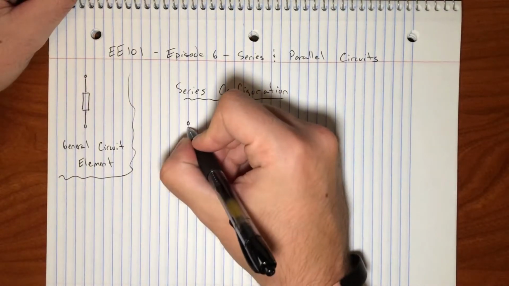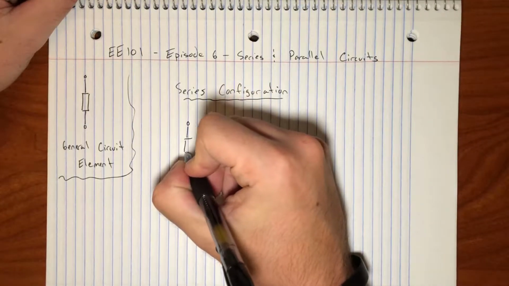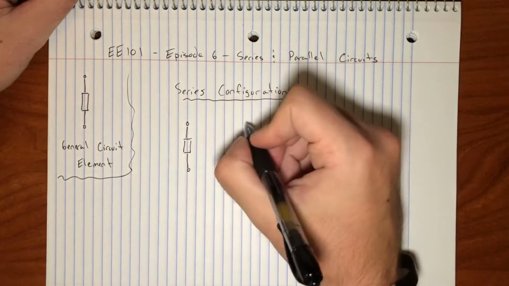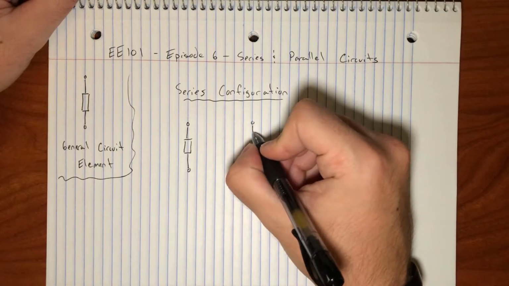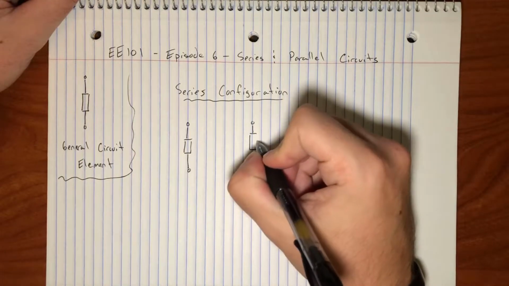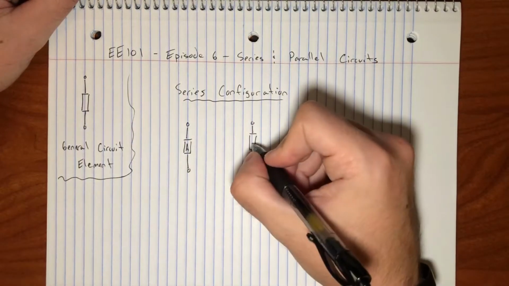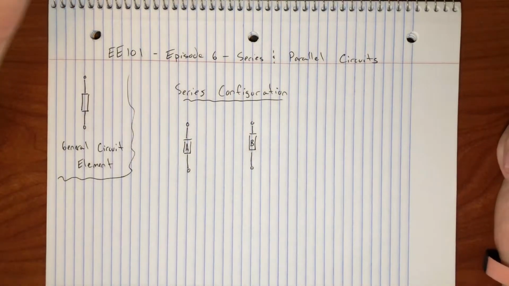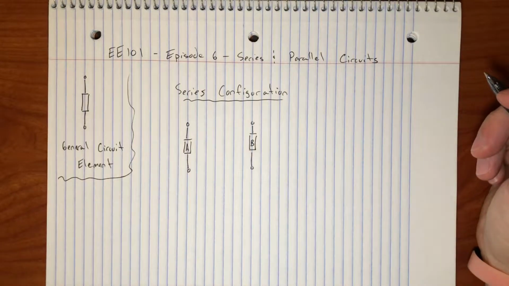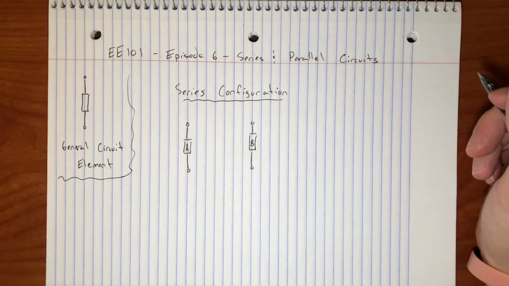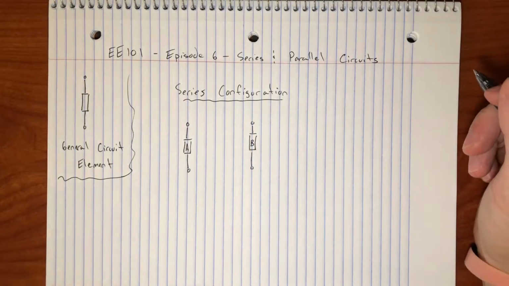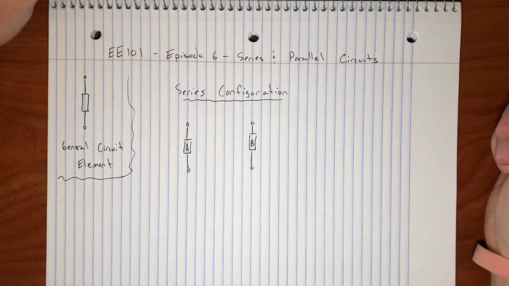So let's say we have an element here and an element here. We'll call this A and we'll call this B. So what do I have to do to get element A and element B in series? Well, there's two rules, basically.